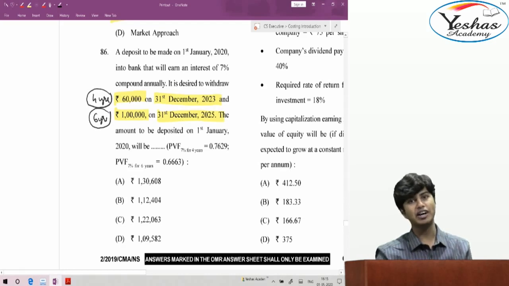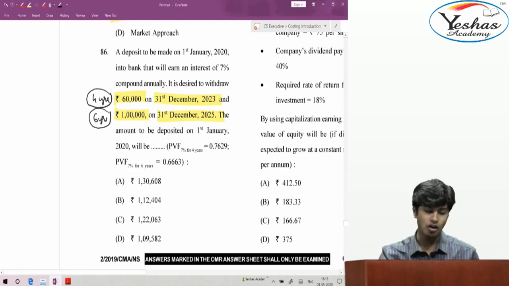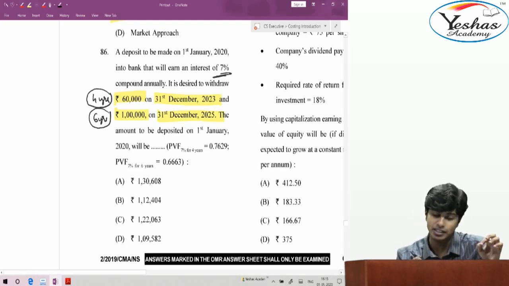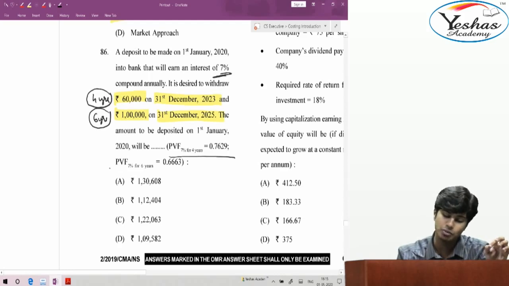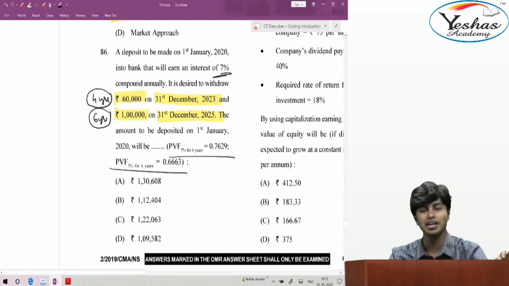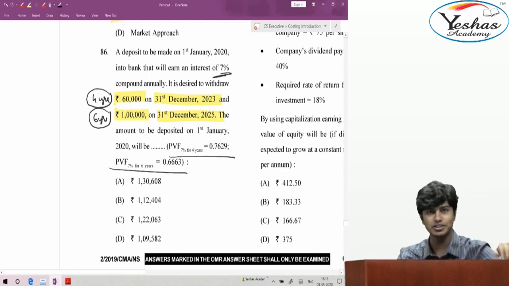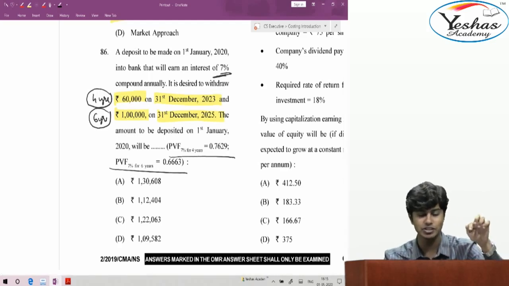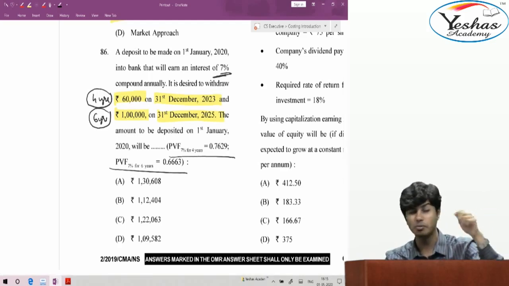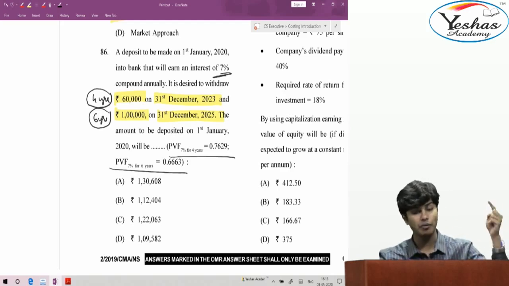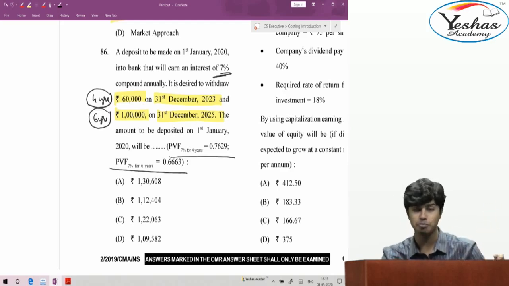So you should basically find the present value interest factor for 4 years and 6 years at 7%. But you need to thank the institute here because they've given the data straight. If not, you would have been taking a calculator, doing 1 divided by 1.07 four times, which gives 0.7629, and 1 divided by 1.07 six times, which gives 0.6663.